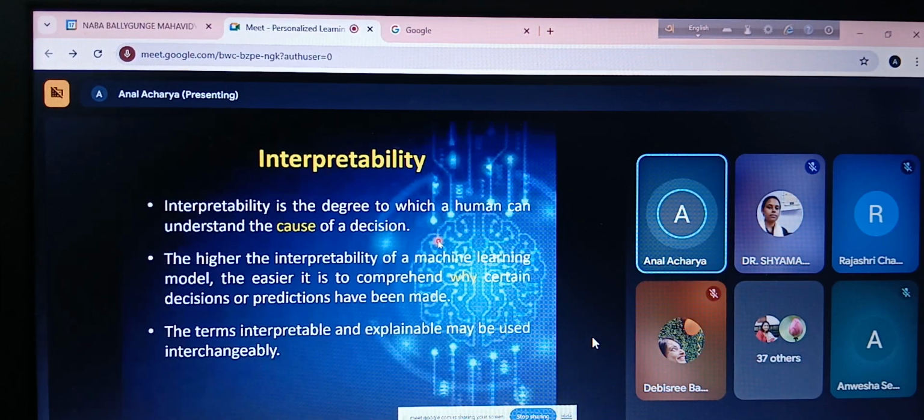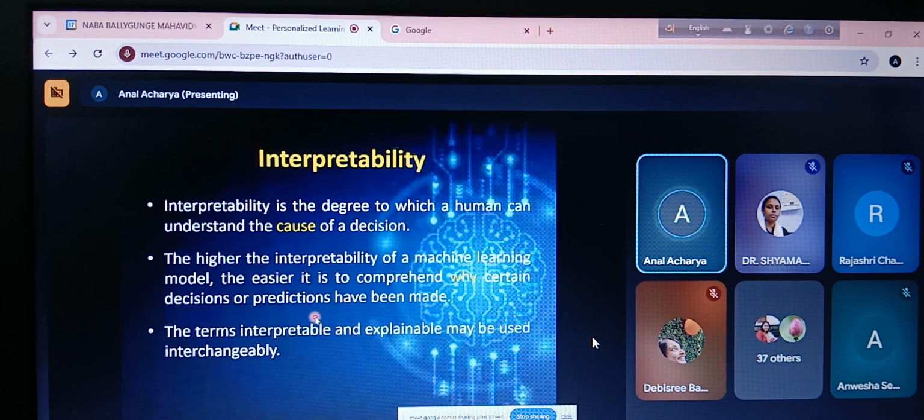Why the decision is given, that is not clear. So in interpretability, the cause is required. The higher the interpretability of the machine learning model, the easier it is to understand why a certain prediction has been made.